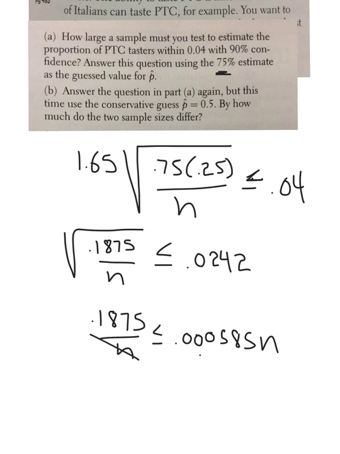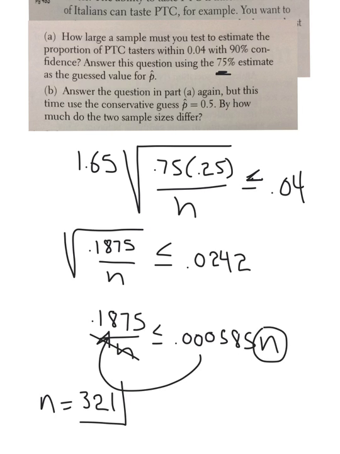And then divide this number into that number, and you should have your sample size. We'll get n by itself. And the answer works out to be about 320.5. So we're going to go with a sample size of 321. So that's letter A.